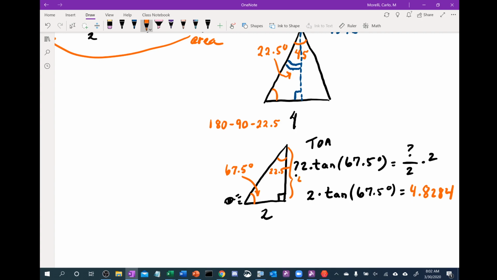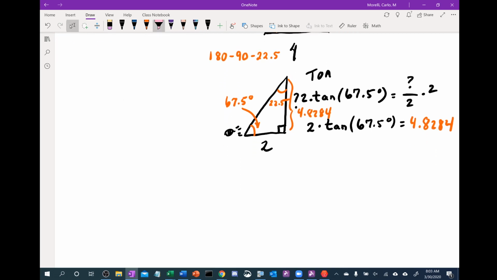The height is about equal to 4.8284. So we can find the area of this little triangle by doing base times height divided by 2. So that would be 2, the base, times the height, 4.8284 divided by 2. Well, here's a cool trick. These cancel out.